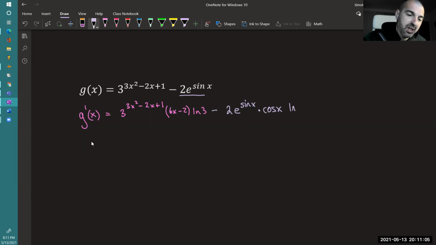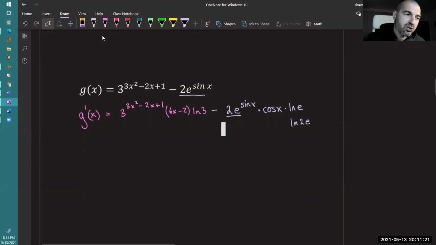Now, you can multiply this by the natural log of e as well, but again, that's 1, so you don't need to write it. One mistake that people would make is they would write the natural log of 2e here, thinking that this is the entire base of my exponential expression there, but it is not the case. Okay, so don't fall for that trick.